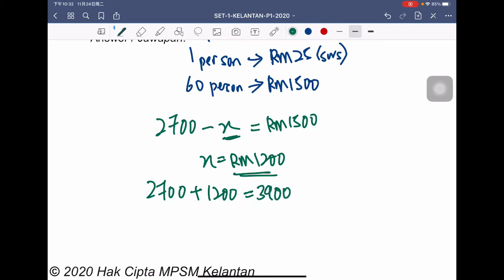So 3,900 ringgit is the total amount of money spent by the 60 visitors. So we need to find the average for each visitor. So 3900 over 60, and the answer will be 65 ringgit. Okay, so this is the answer.